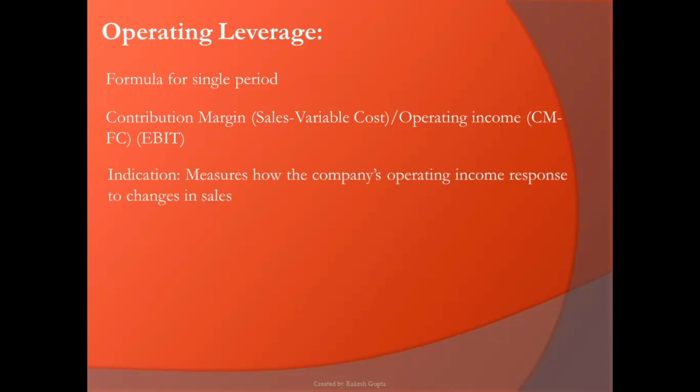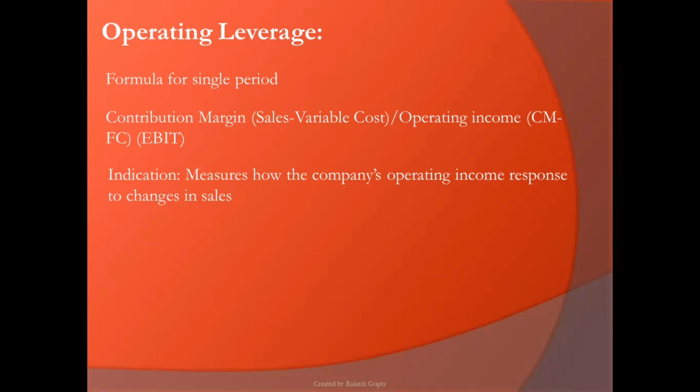It measures how a company's operating income responds to change in sales. Operating leverage ratio is a degree of operating leverage, which means that for every 1% change in company sales, the company's operating income is anticipated to change by 1.1%.